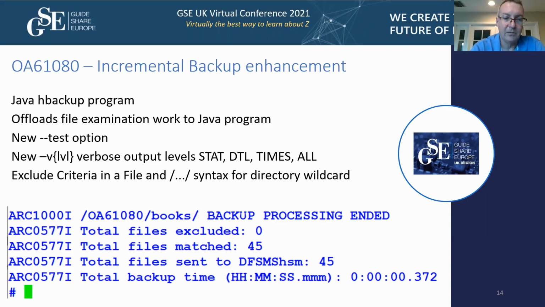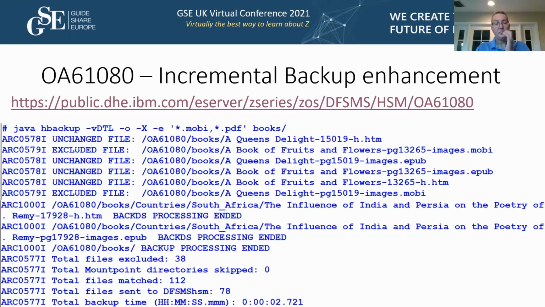I'll show an example later, but you can say, I don't want to back up anything in any logs directory. You would use this directory wildcard for any number of directories down to a logs directory that you want to exclude. So hopefully that is helpful for people.